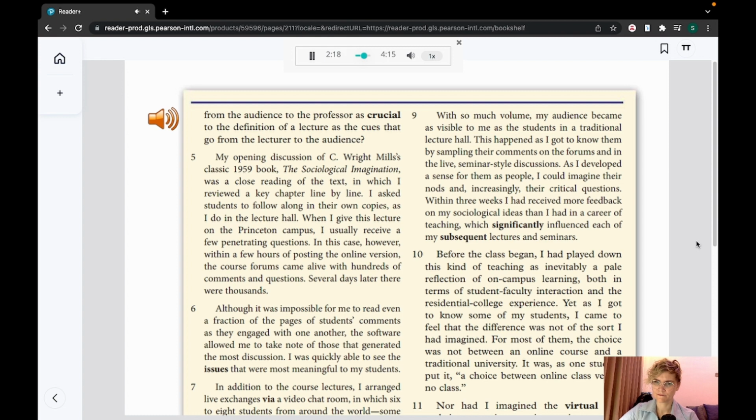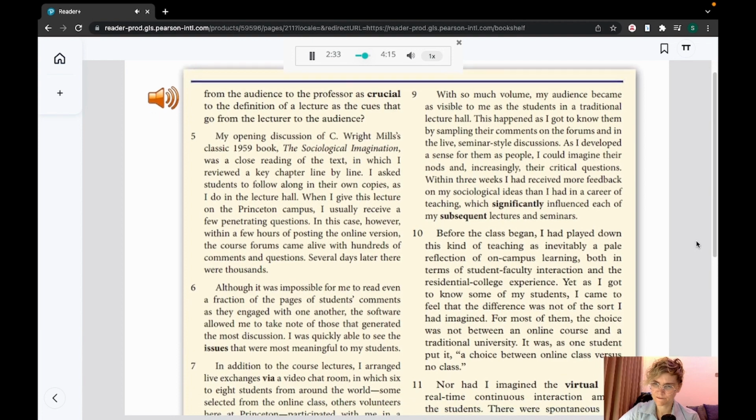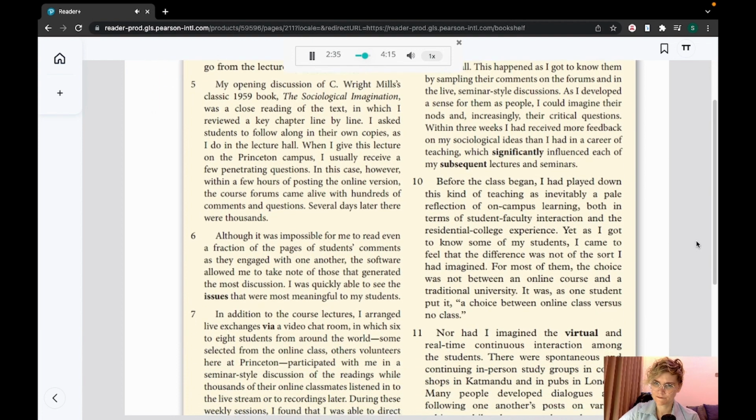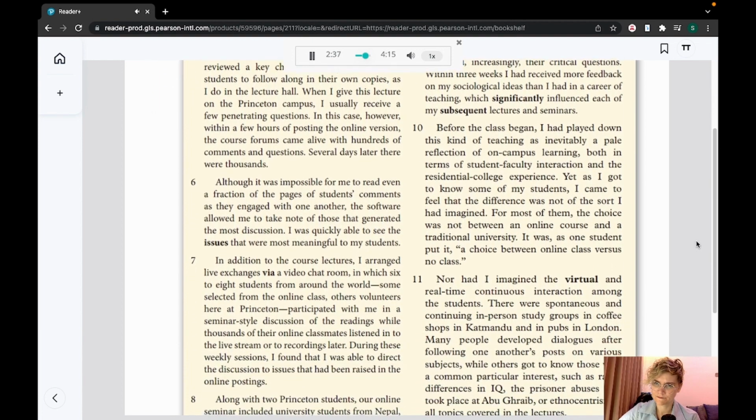As I developed a sense for them as people, I could imagine their nods and, increasingly, their critical questions. Within 3 weeks, I had received more feedback on my sociological ideas than I had in a career of teaching, which significantly influenced each of my subsequent lectures and seminars.